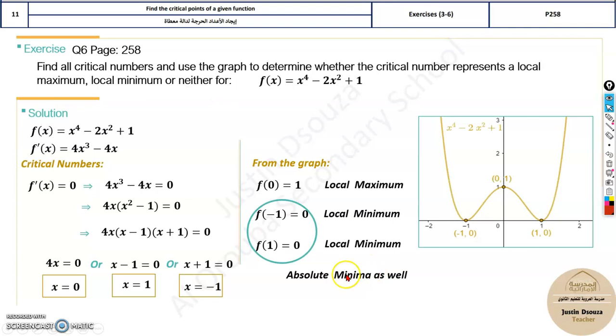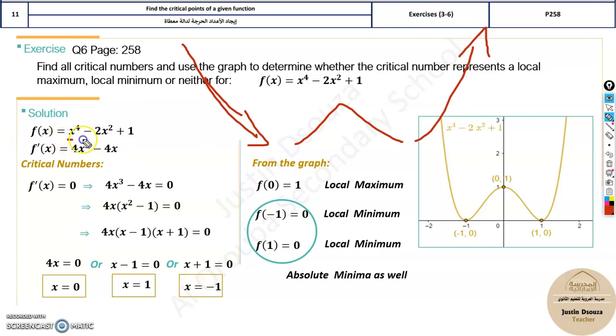And this is absolute minima as well. Why? Because, see, the graph over here came down, and then it went up. If you know the shape of x to the power 4, it is like a quadratic parabola, but just that you will have some dips and turns over here in the middle.